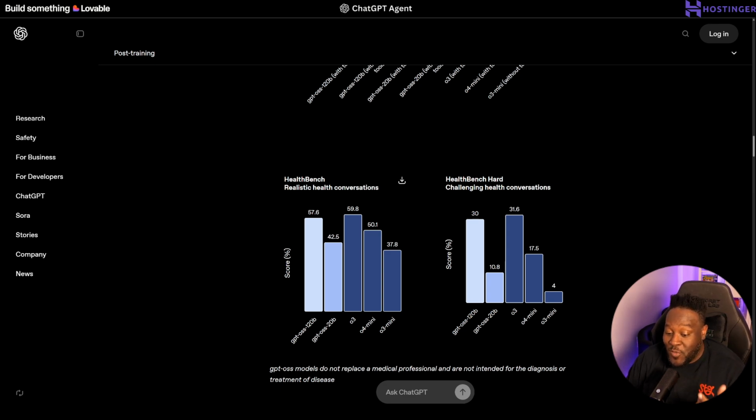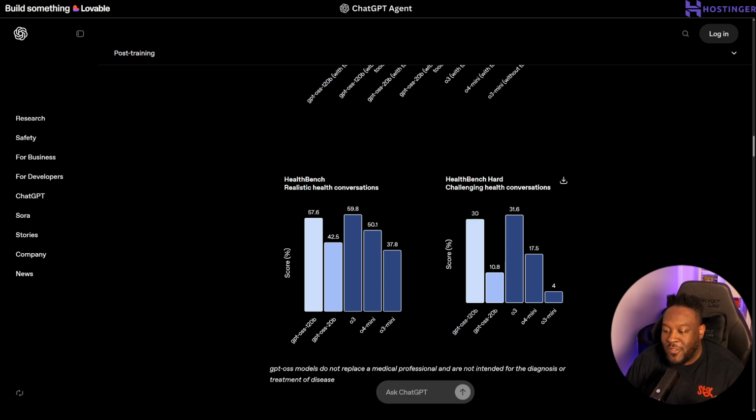So again, the 120B is what the people that really want to dive in and have something at home and really do something special with are going to want to use. As for everybody else who's going to want to use probably just a basic at home, ask it questions, store my medical data, etc., the 20B may be mostly for you, but again, it's not bad at 4.25. It still beats the o3 model.